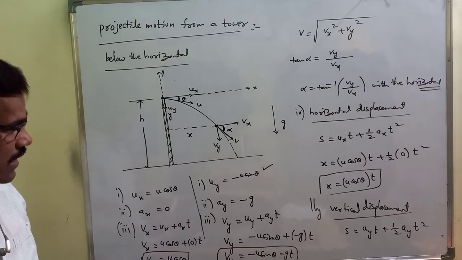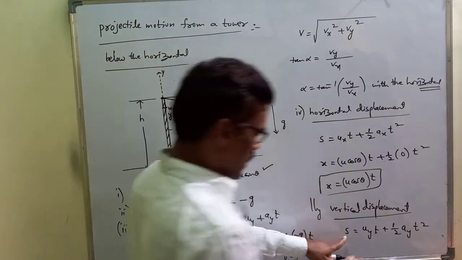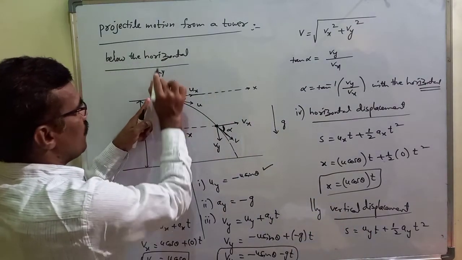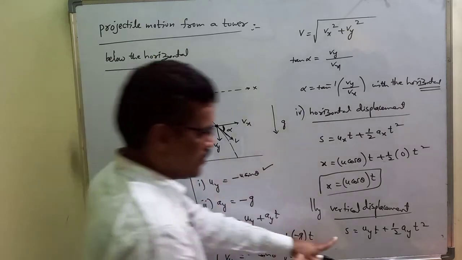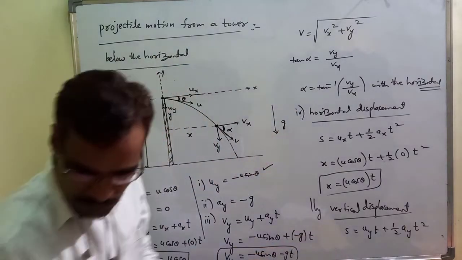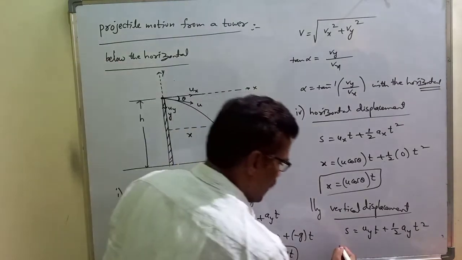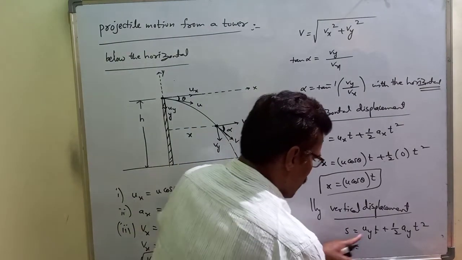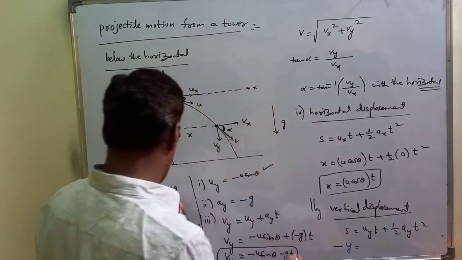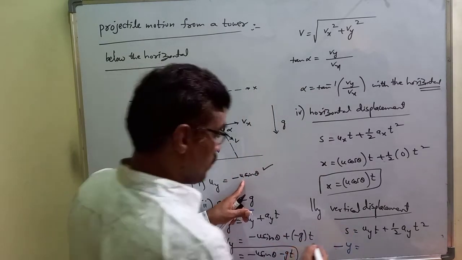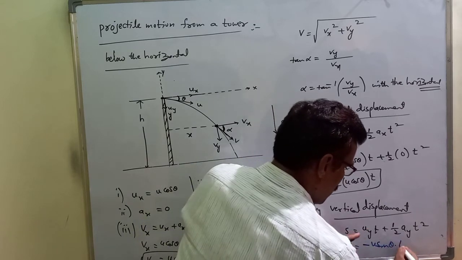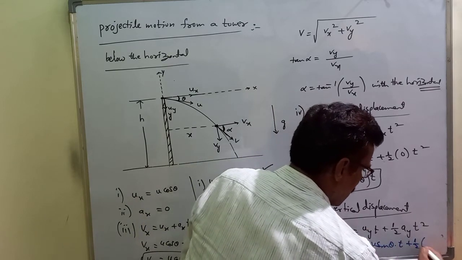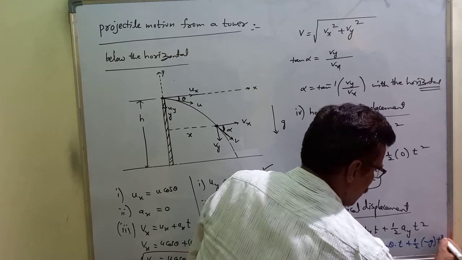Students, here this is positive y direction, downward is negative y direction, so S is minus y. Uy is minus u sin theta into t plus half of ay, which is minus g, into t square.